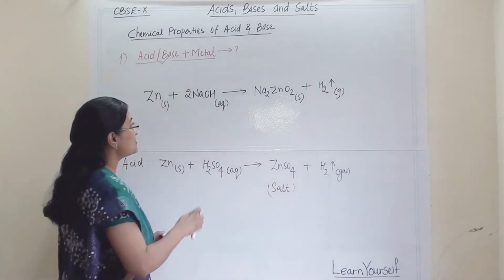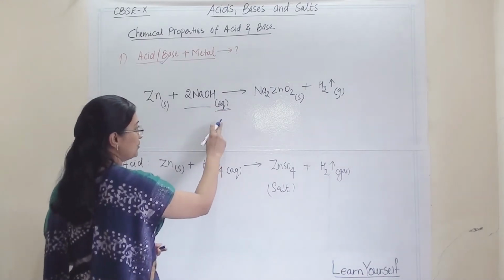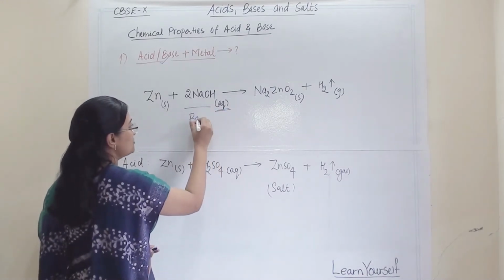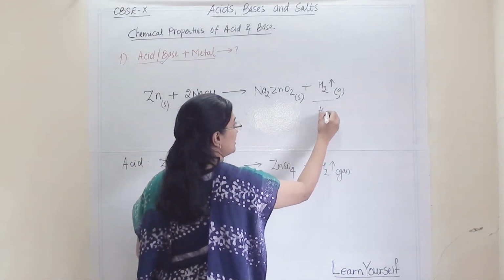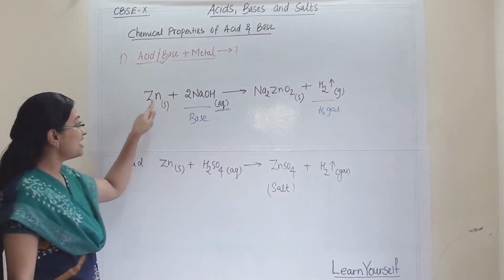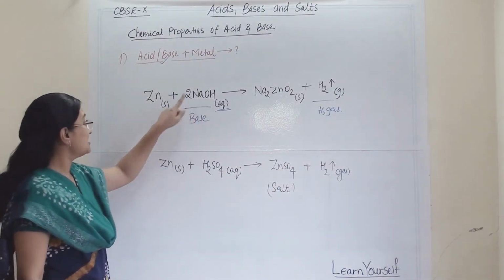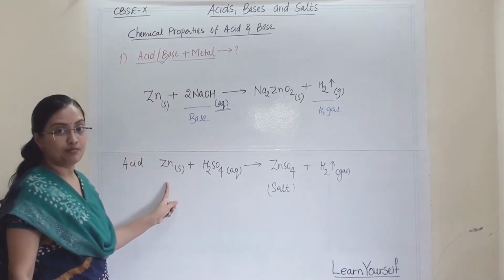Sodium hydroxide is a base in aqueous solution, and with the base also we get hydrogen gas. So this is about base reaction with metal and acid reaction with metal.